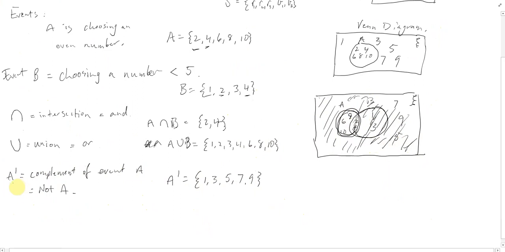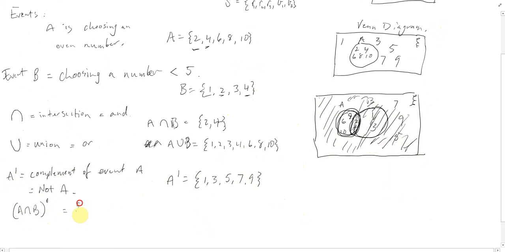And you can even use this complement in complicated ways. Like if we had the A intersection with B, but then brackets with the complement, that means not A intersection with B. In other words, it means everything except for this intersection area. So everything that isn't 2 and 4.